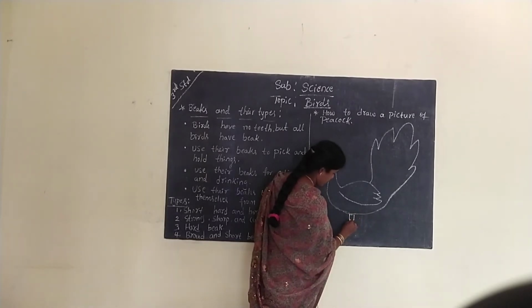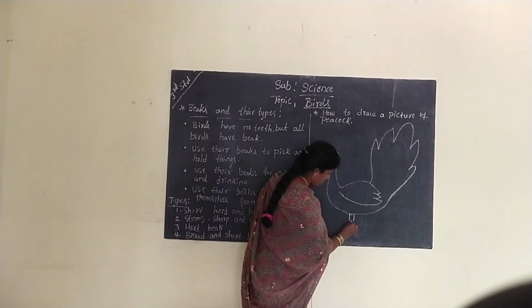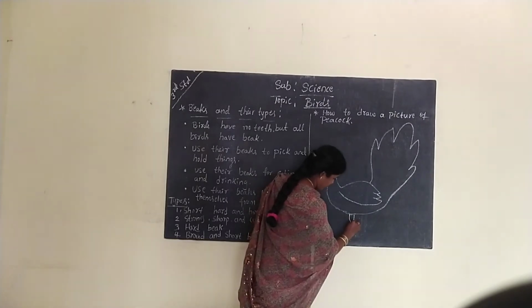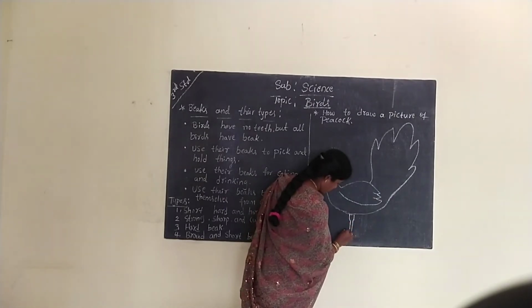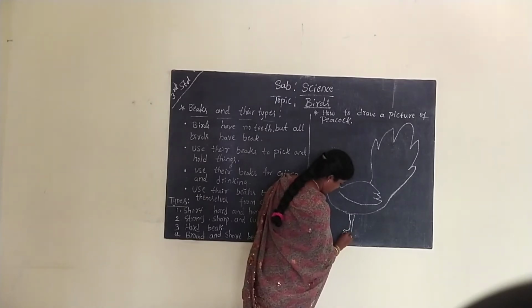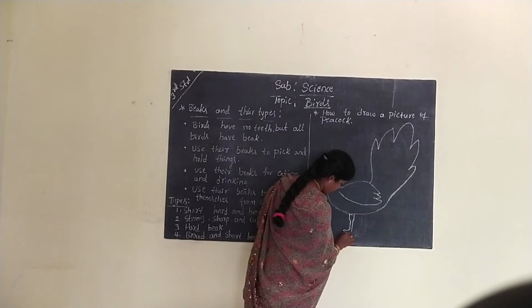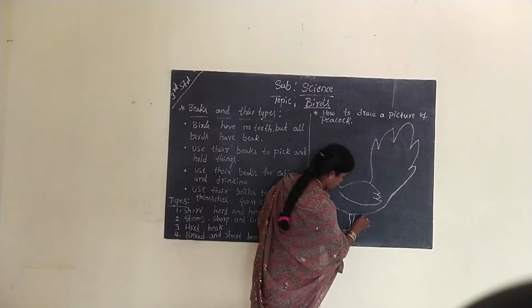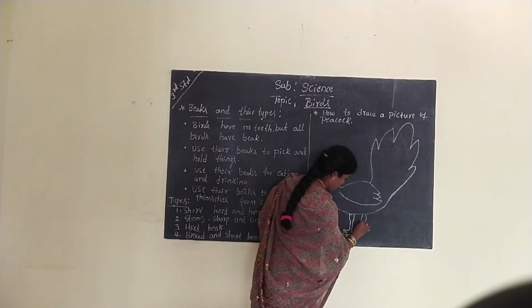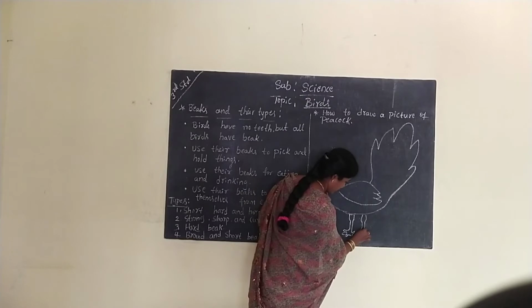How to draw a leg? All of you look here carefully. Here, small toes. Birds have 4 toes in each leg.